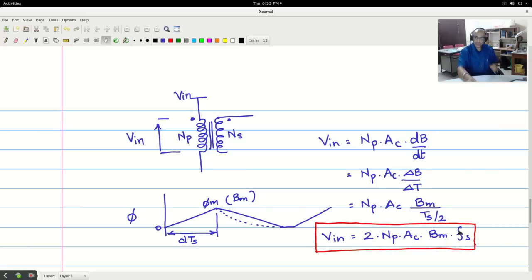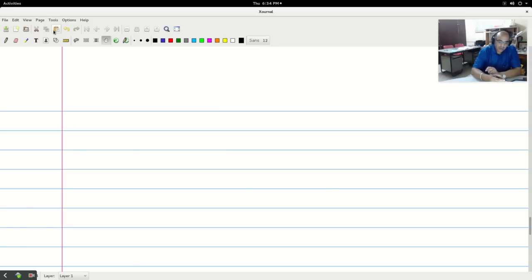We now have to relate the current to the window area, which we will do now. Now the windings will have to fit within the window area. So I will take the example of the EE core. So the EE core can be drawn, the cross section of the EE core.